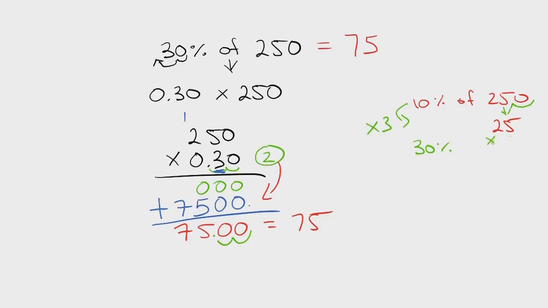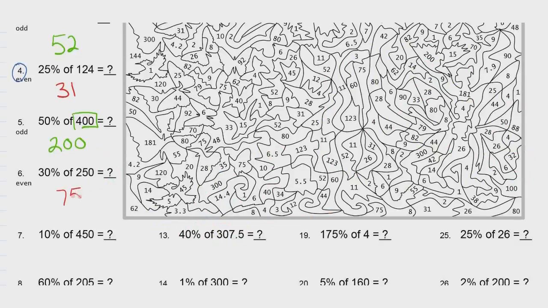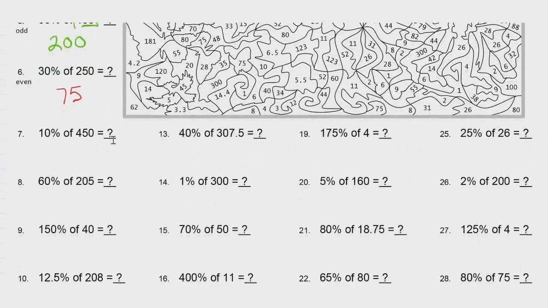So all we do is times this number by 3, and we get 3 times 5 is 15, carry the 1. 3 times 2 is 6, plus 1 is 7. 75. The same exact answer. Honestly, I think this way is shorter, but again, the other way works all the time.